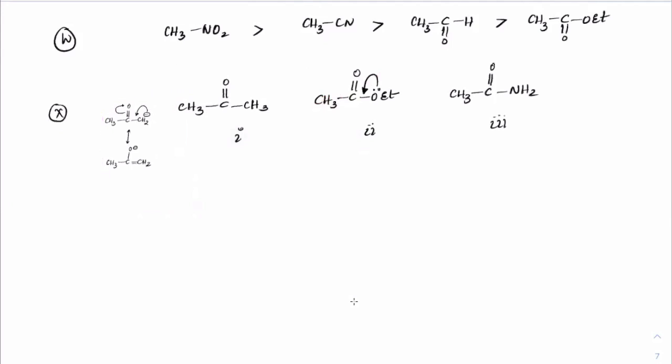Hence, if we check the pK values for the same, this is around 19 and this is around 25. Now coming to amide, it is not this hydrogen which is breaking for acidic nature. You can see nitrogen hydrogen has a large electronegativity difference. Now you have to compare the kinetic acidity.